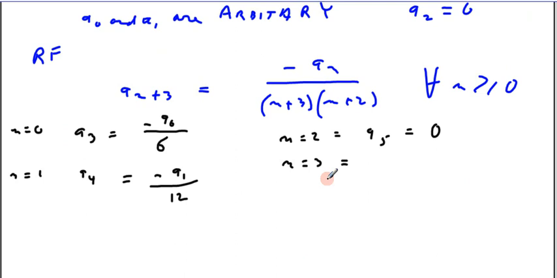And I get a6 is equal to a3, which is minus a0 over 6, divided by 6 times 5, which is 30, which is a0 divided by 180.